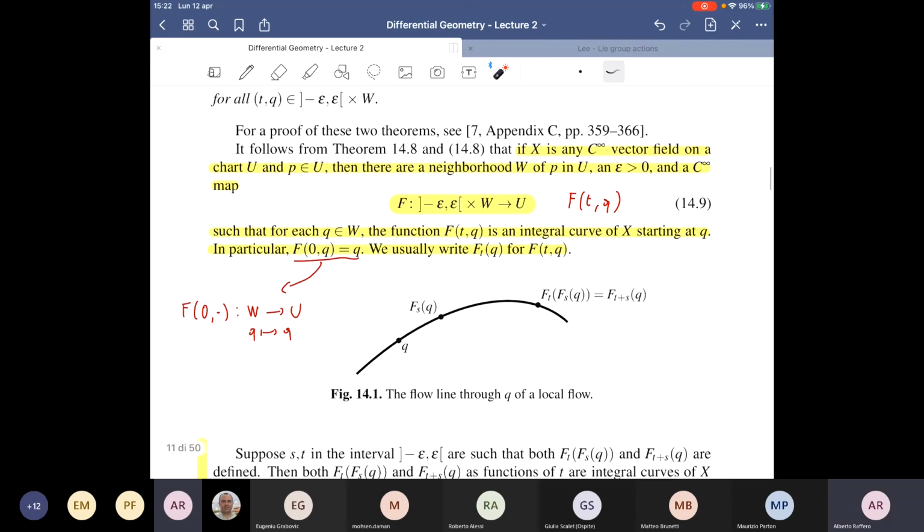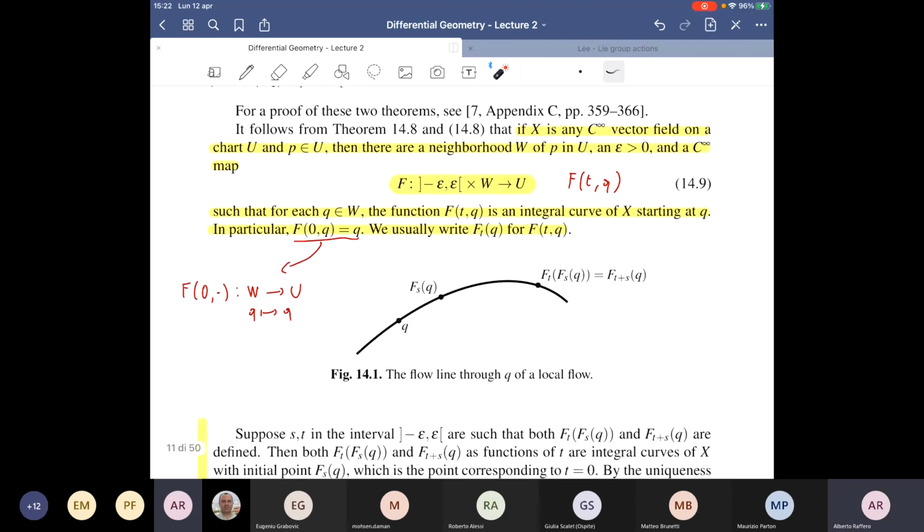So as you can see, we are obtaining also in this general case something that we obtained before in the first example on R2. The only difference is that now we are only working on some open subset and some open intervals of the real line, so nothing is defined in general on the whole real line and on the whole manifold.